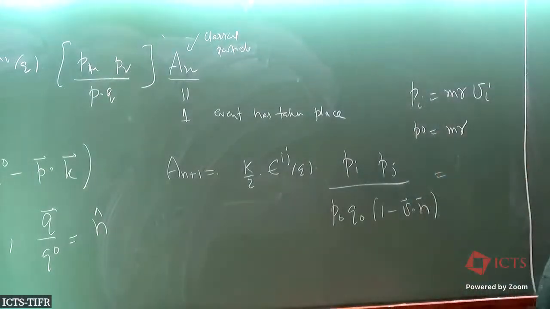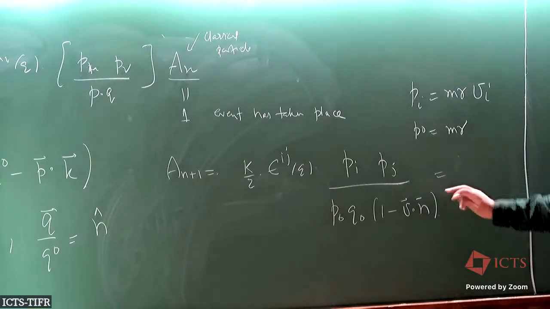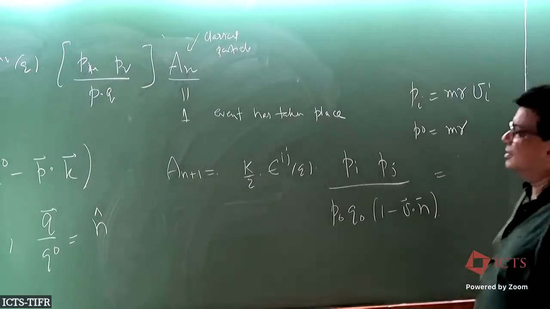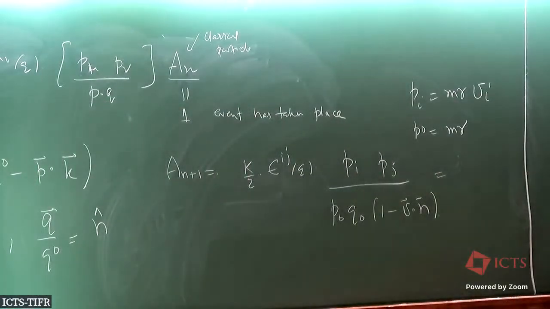So you will see that gamma squares will cancel, this m square will cancel, and you will be left with, I'll write it here. So it's beginning to look like the thing that you've already seen.